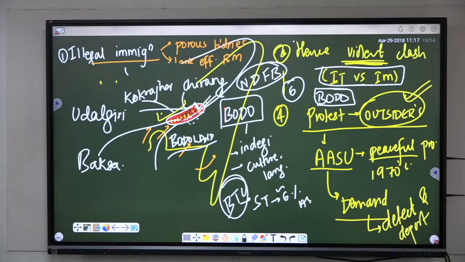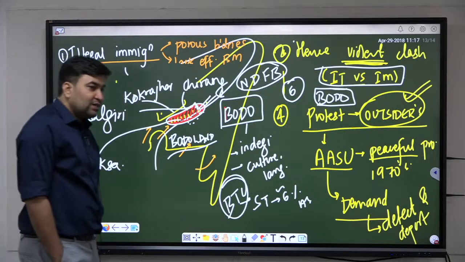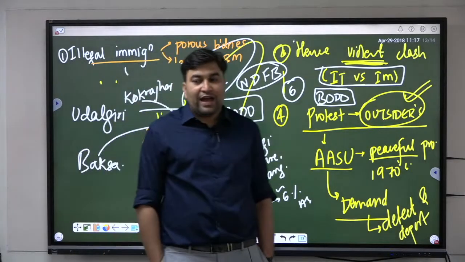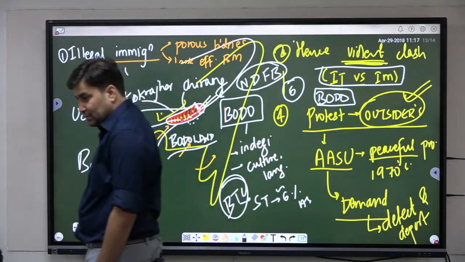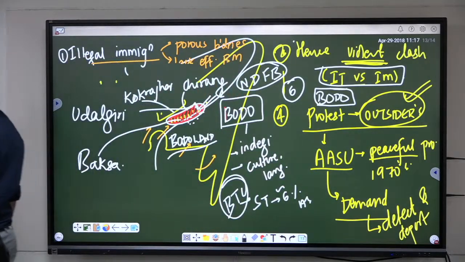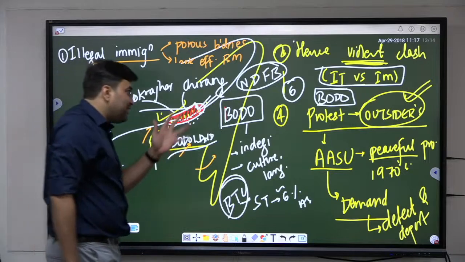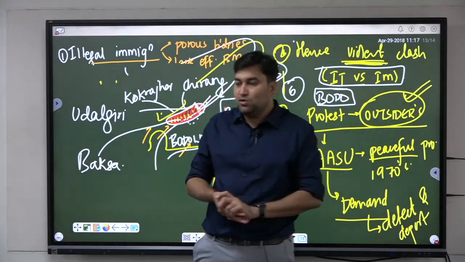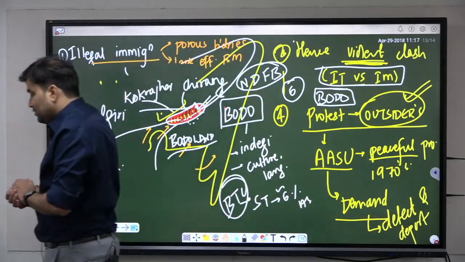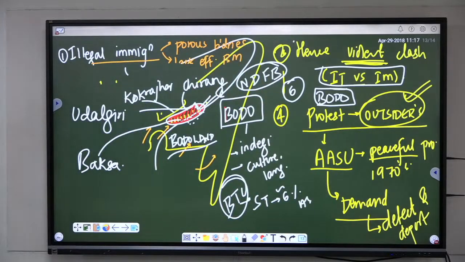It is an accord between central government, state government and different Bodo groups to find a solution to contain the insurgency in the region.